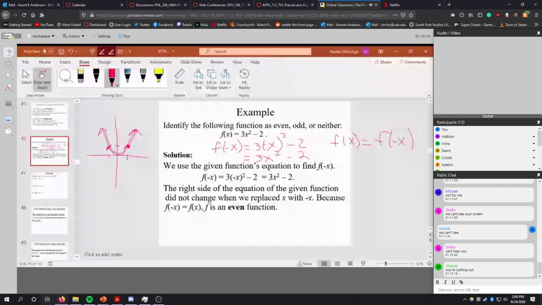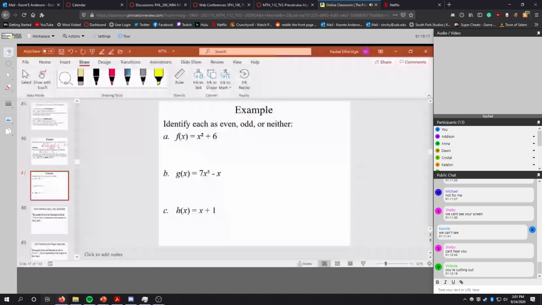So using the shortcut, I see a square exponent, x squared is an even exponent, and 6 is a constant, so the exponent is 0, so that's even. So that's an even function. B, exponent 3, exponent 1. Both are odd. So that's an odd function.